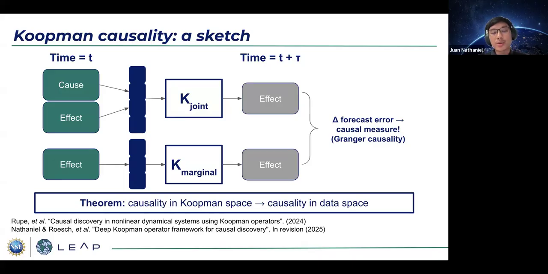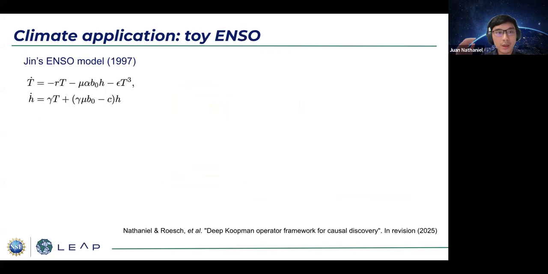And our contribution is showing this theorem where the causality in the Koopman space translates to causality in the data space. I think this is one of the important theorems because without this, it's hard to verify whether this causal measure can be used in the actual data variable space that we are interested in.